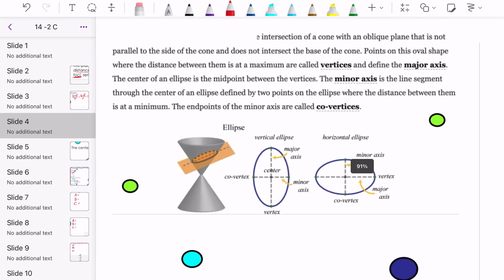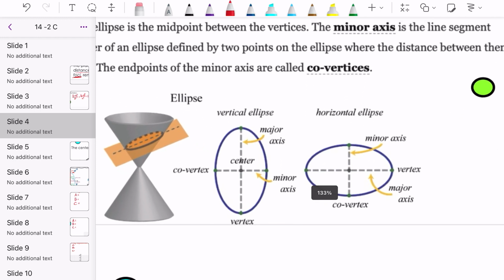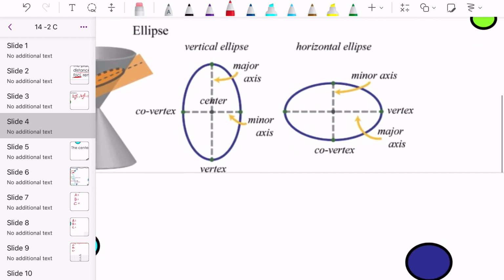In slide 4, we begin to talk about the differences between your vertical ellipse and your horizontal ellipse. In this case, you can easily see that as we look at the overall shape of the ellipse, everything remains the same.